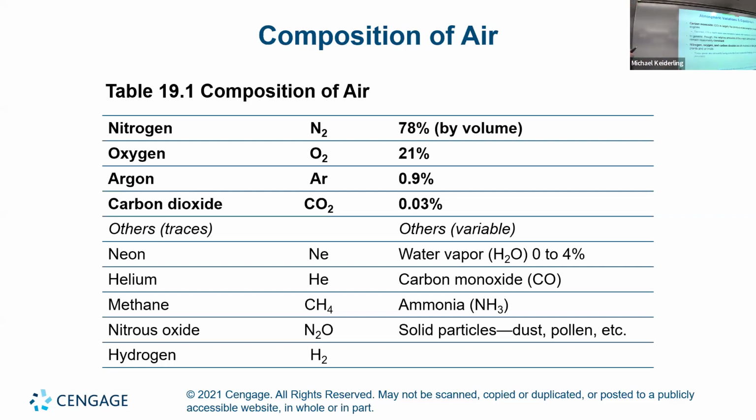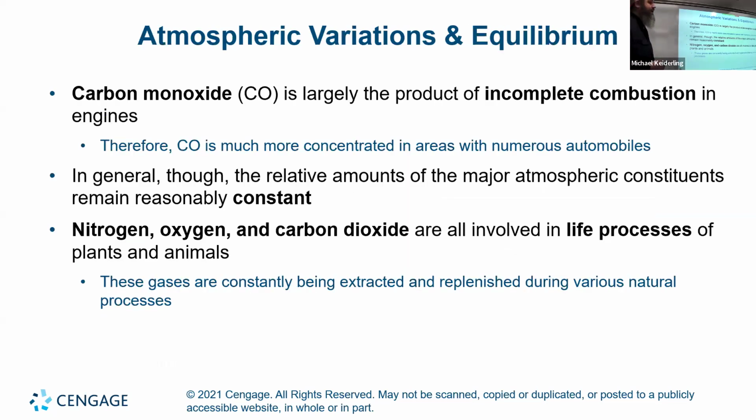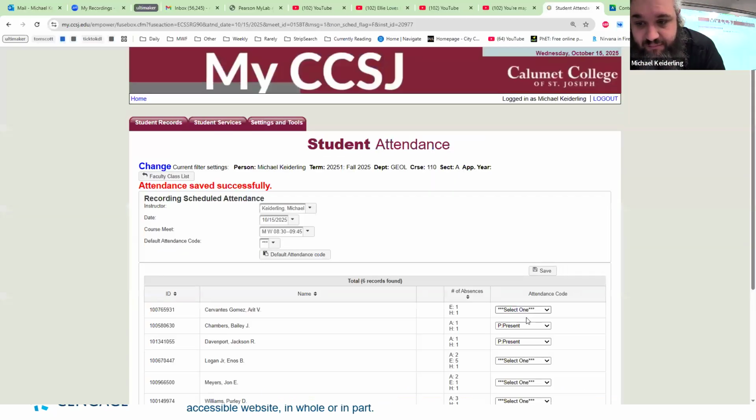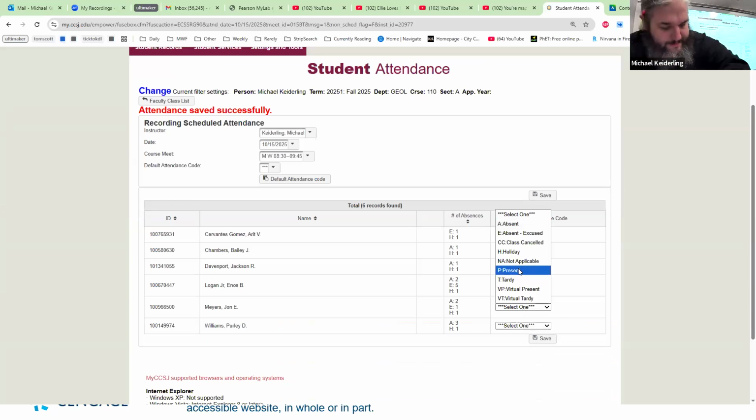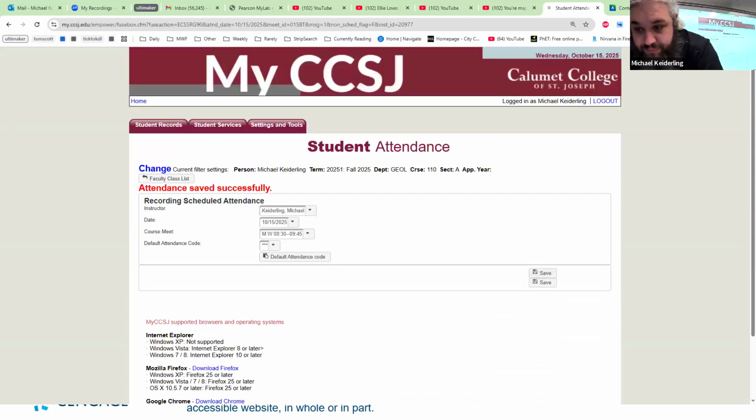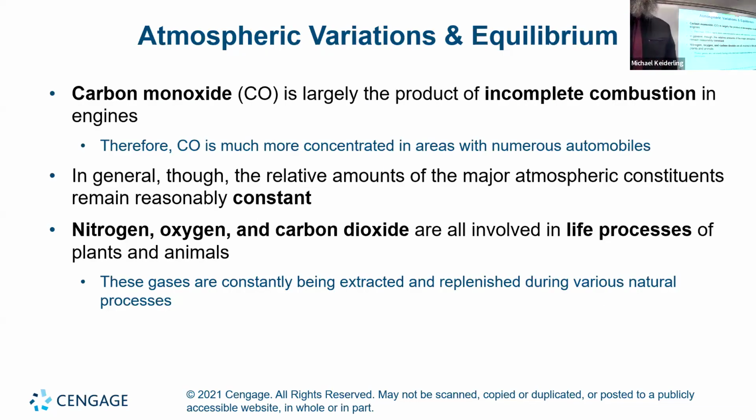These are all around in the air. So carbon monoxide is largely the product of incomplete combustion in engines. So the main source of carbon monoxide is car engines, various automobiles, things like this.